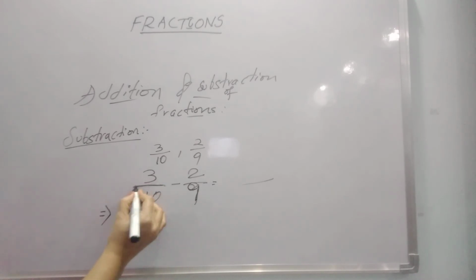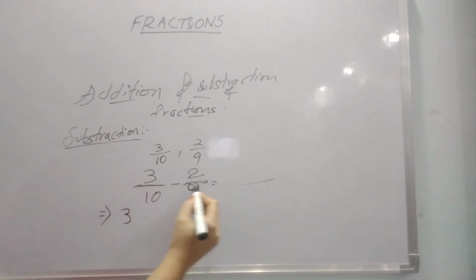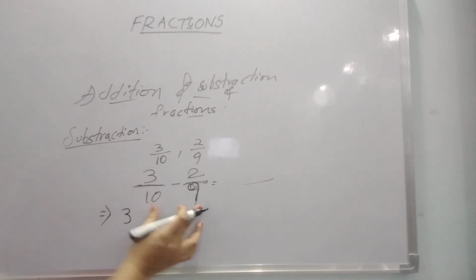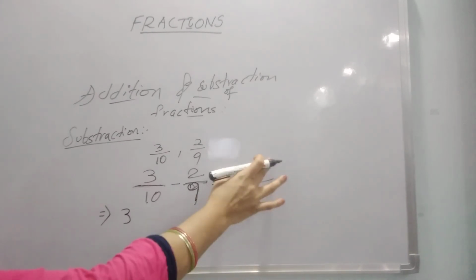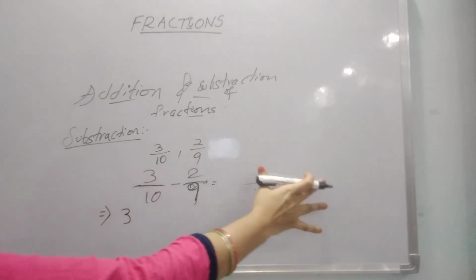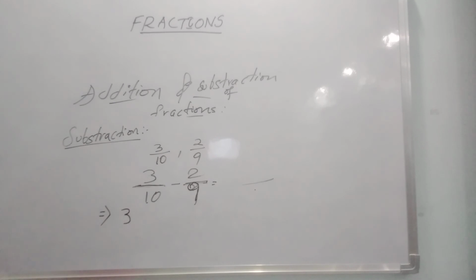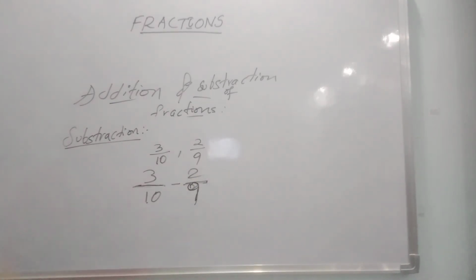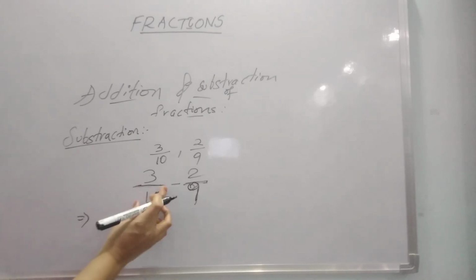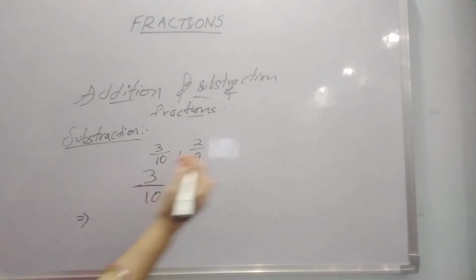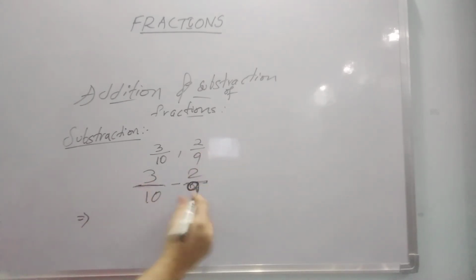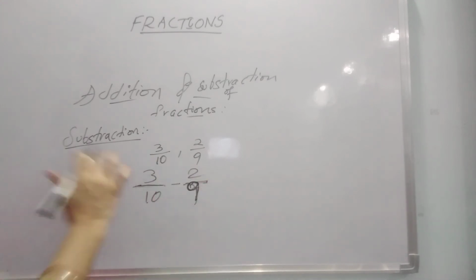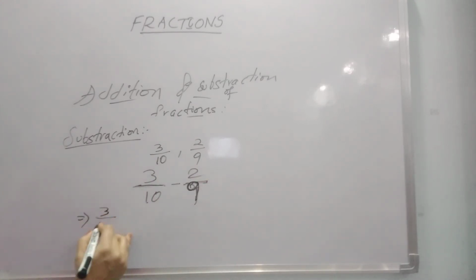Another method is by the LCM part. We have to take the LCM of 10 and 9 and multiply the two numbers, then we get the answer. This is a very long process. So for that we can convert these two unlike fractions into like fractions, then we will subtract. It's a very easy process for you.